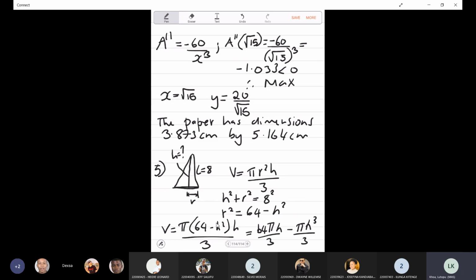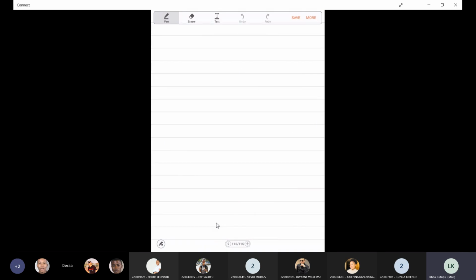Right, so now we differentiate. So V prime is equal to 64 pi over 3 minus pi h squared. Then we know that at the maximum, V prime is equal to 0, so this means that 64 pi over 3 minus pi h squared is equal to 0.